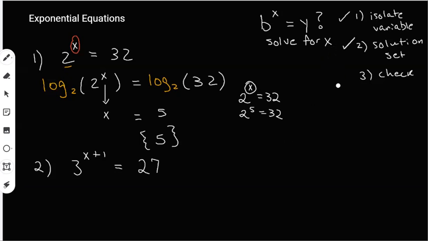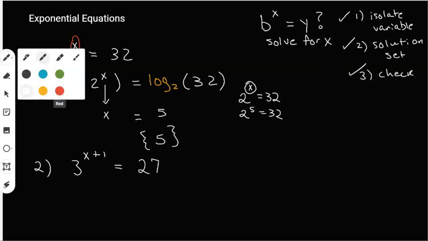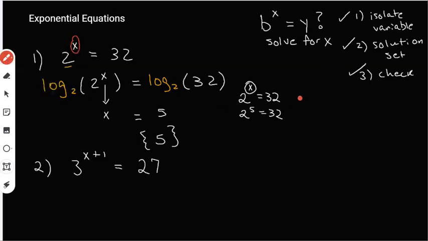So now step 2 is done. The last step I have to do is step 3, which is to check my answer. I'm going to do that on the right side. When I check my equation, I always start off with my original. I have 2 raised to the x power is equal to 32.